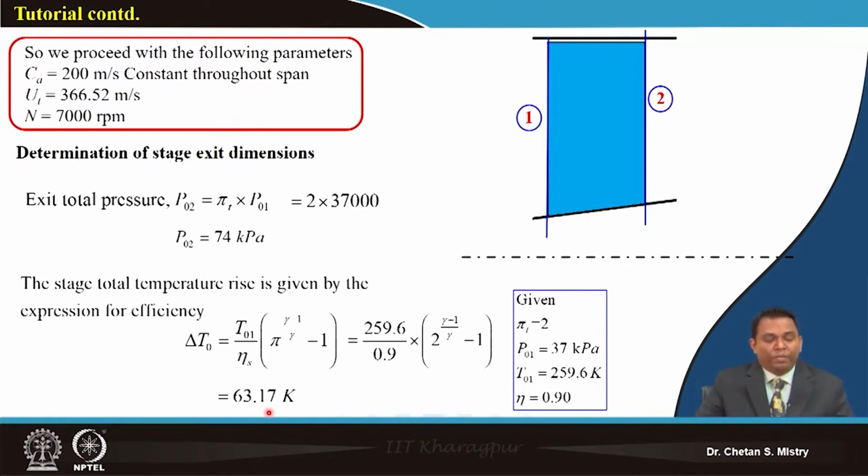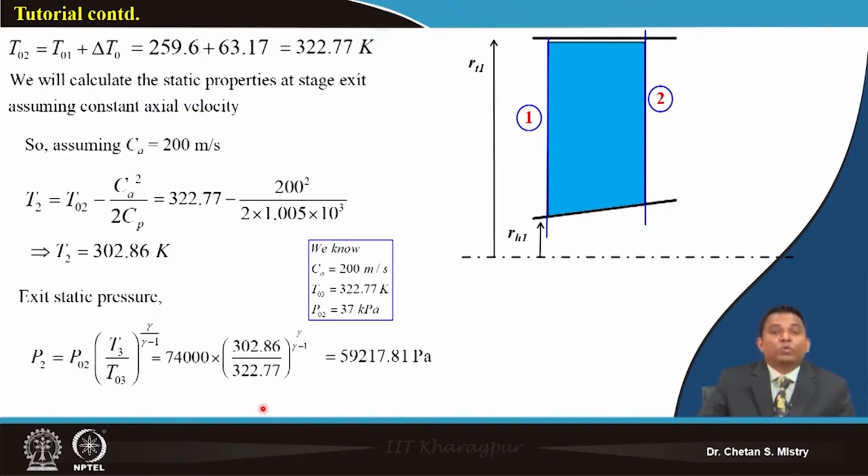Now from the known parameters, we can calculate our total temperature at the exit. Since my T01 is known to us and delta T0 is also known, we can say T02 is coming 322.77 Kelvin.